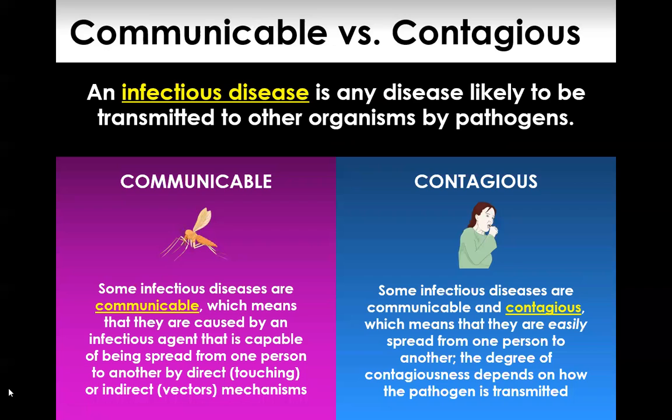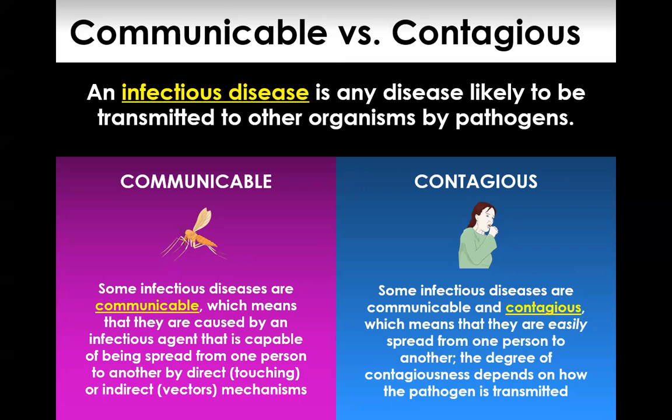Let's talk about the difference now between communicable versus contagious. These infectious diseases are transmitted to organisms by pathogens. If this infectious agent is able to be spread from one person to another, then it is a communicable disease.